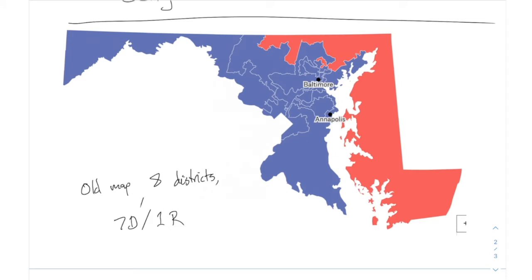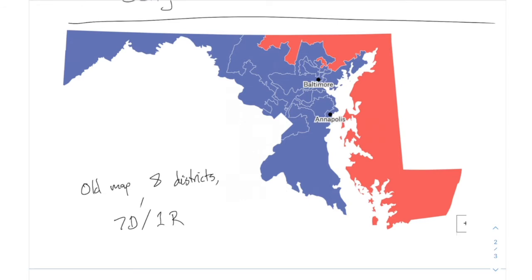This is how all of these lines were drawn. This is regarded as one of the worst Democratic maps. I think it's fair to say the Republicans have used gerrymandering more than the Democrats, at least in recent history, but the Democrats do it too. Anyway, this is Maryland as it is now, but it's about to change.